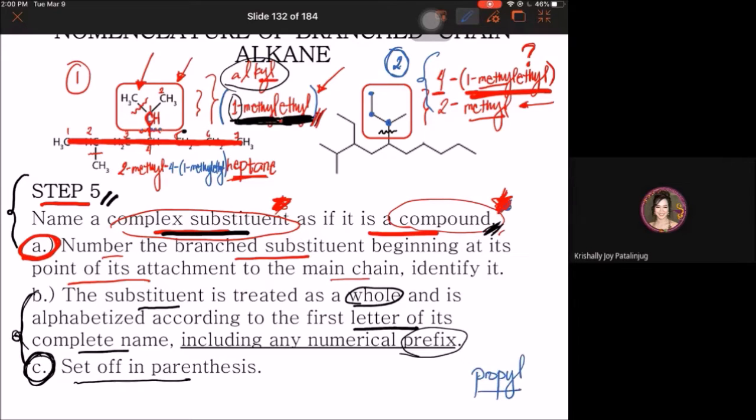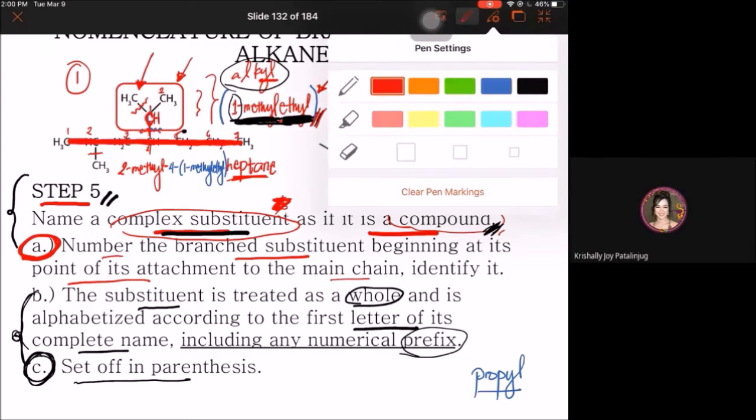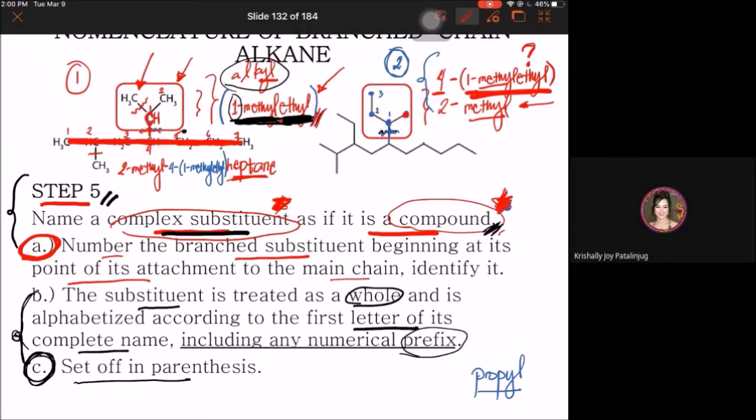Now, yung propyl, at its carbon 1, from its point of attachment ba, meron siyang CH3 dito. Ako na lang i-highlight og red. Itong red, CH3 yan. Okay? Kasi isang carbon lang. Imaginary yung hydrogens dyan.